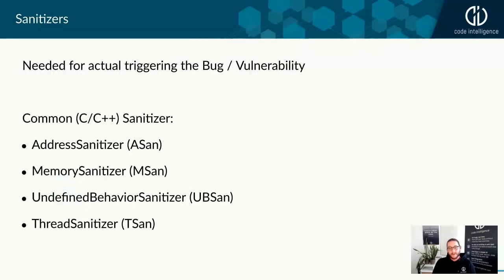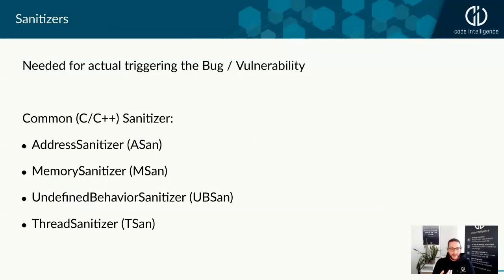What the fuzzer does is it explores ways through your application, like all the switch statements and loops and everything. It tries to find, with the help of the coverage instrumentation, a way through your application. But to really trigger a bug or a vulnerability, you have to use sanitizers.